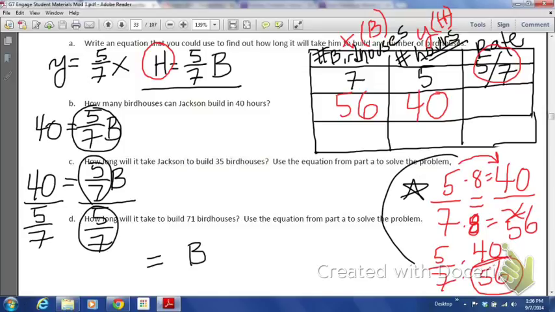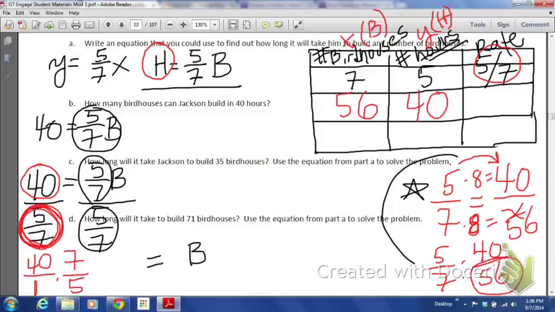Now we're going to solve for b. But over here, when we are dividing 40 by 5/7, we change our 40 into a fraction, which is always just 40 over 1. And remember, when we divide by any fraction, what we can do more easily is multiply by its reciprocal, 7 over 5.